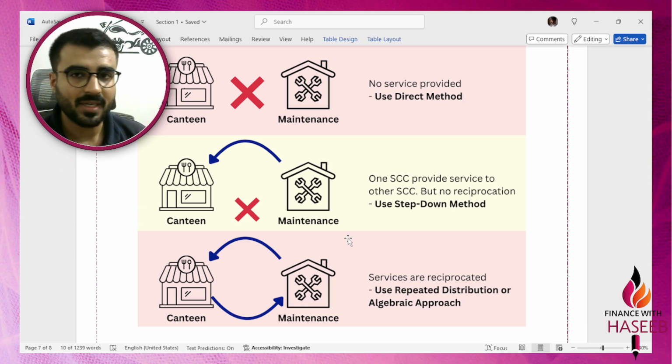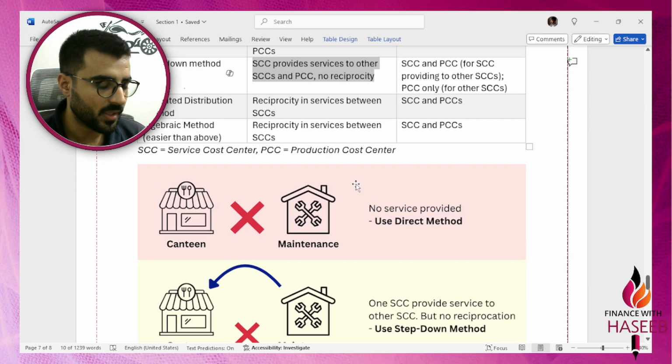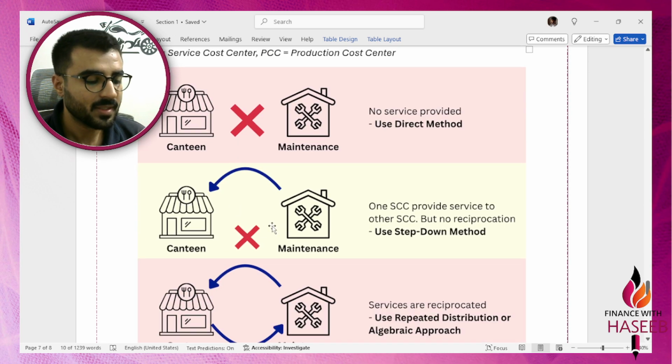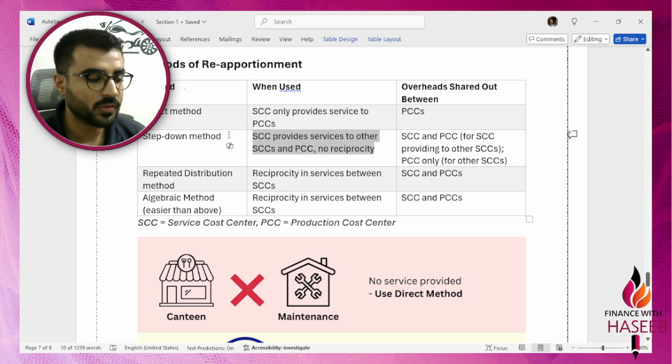When one service cost center is providing service to another service cost center, but there is no reciprocity, then you use the step down method. For example, maintenance is providing service to canteen, but canteen is not providing to maintenance, so you use the step down method.